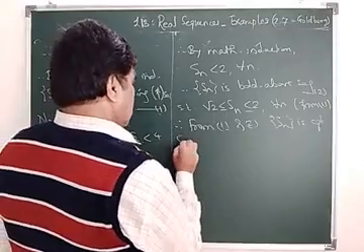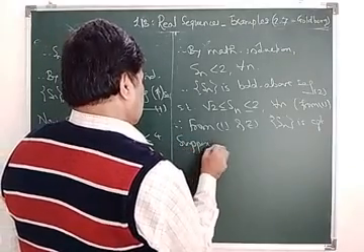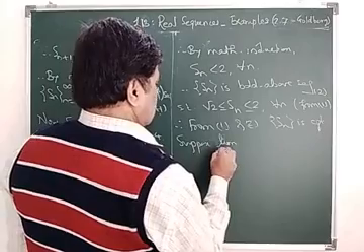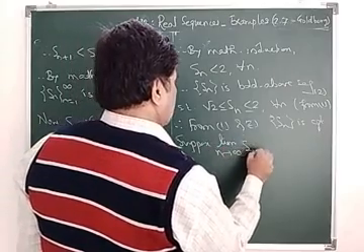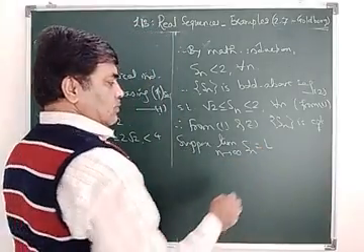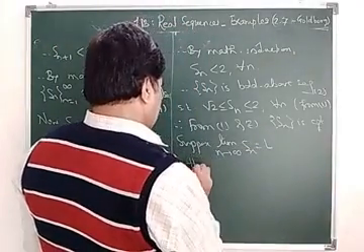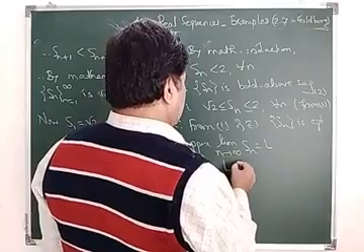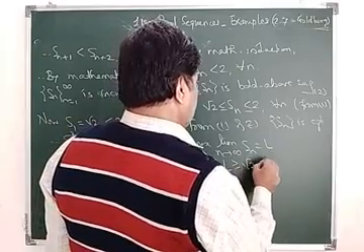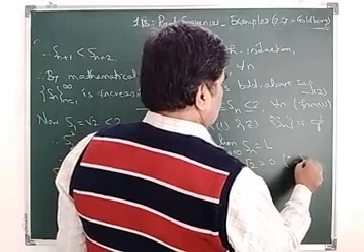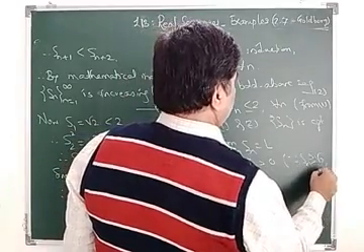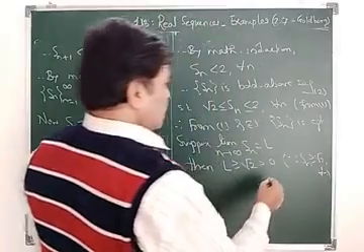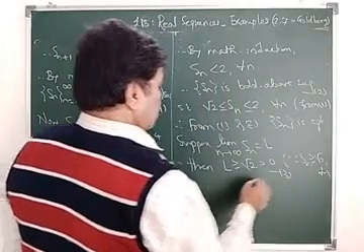Suppose limit of Sn is L. Then L must be greater or equal to root 2, greater than 0, since Sn is greater or equal to root 2 for all n. Okay, this is now 3.